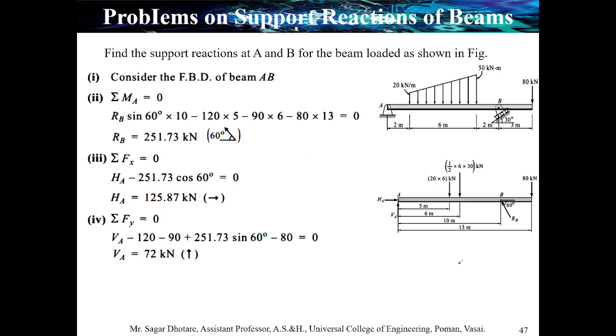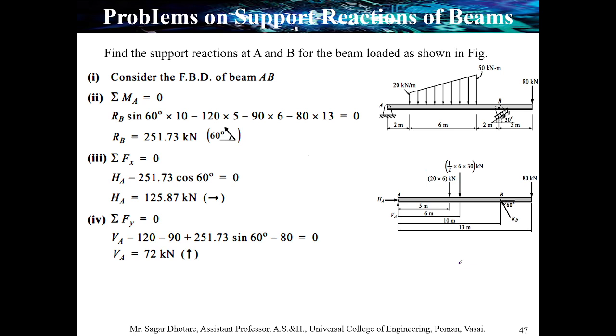120 kilonewton, the single point force calculated due to UDL, is in downward direction, so minus 120. 90 kilonewton force, which is the single point force of UVL, the upper portion of the given distributed load, is also acting in a downward direction, so it's negative.